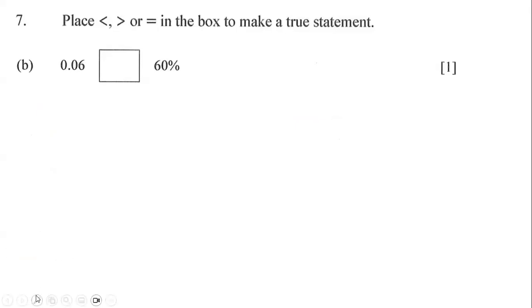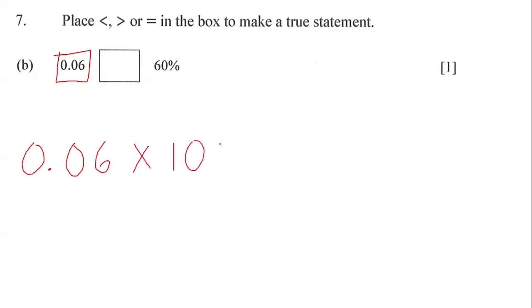So the easiest thing to do here, in my opinion, is to take the 0.06 and convert it into a percentage. How do I convert this decimal into percentage? Multiplying it by what? 100.